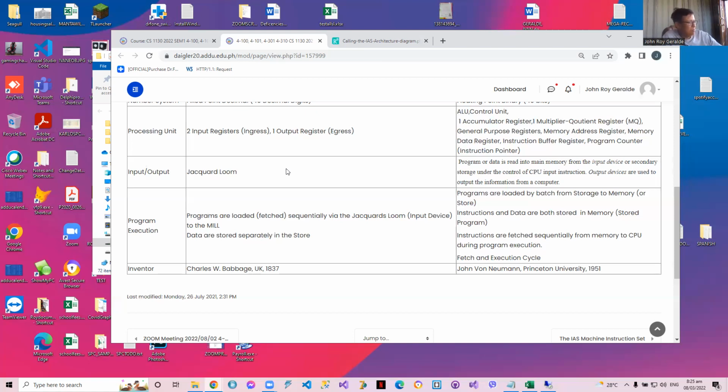Now, you may ask, will this stored program concept ever be obsolete? Will this always be relevant? It's still not obsolete, right? Will there come a time that the stored program concept becomes obsolete? Anyone? Remember that the hard disks are becoming faster and faster.